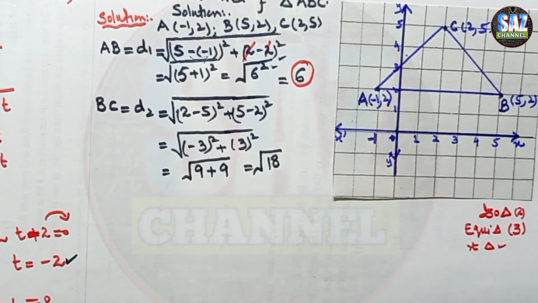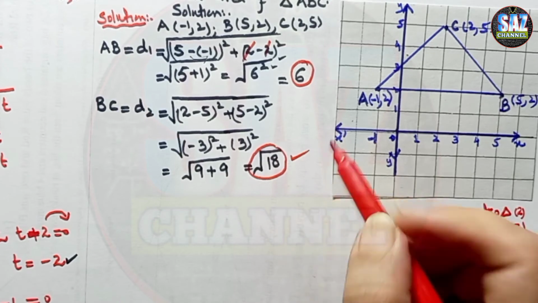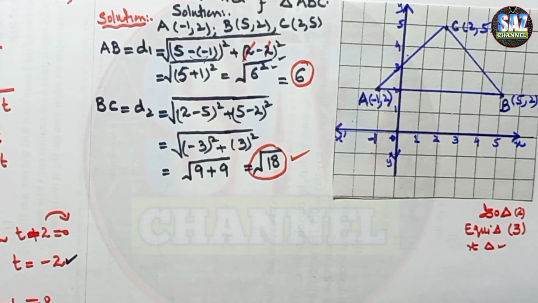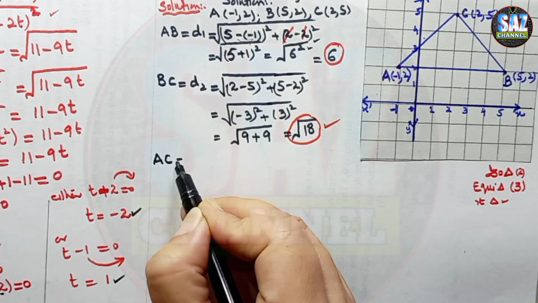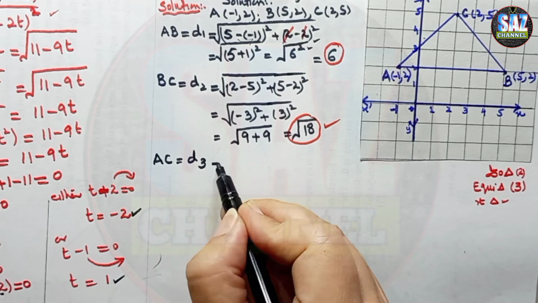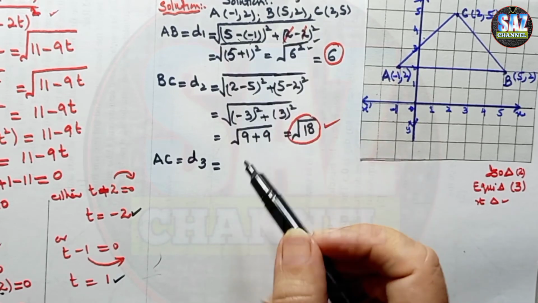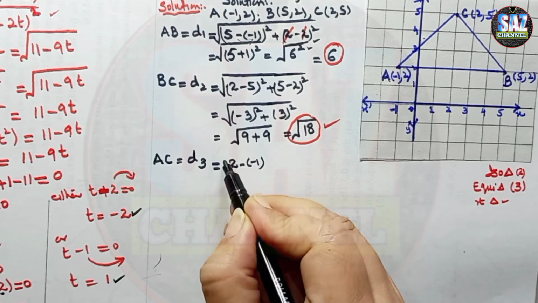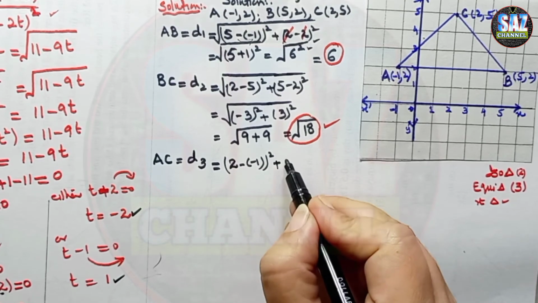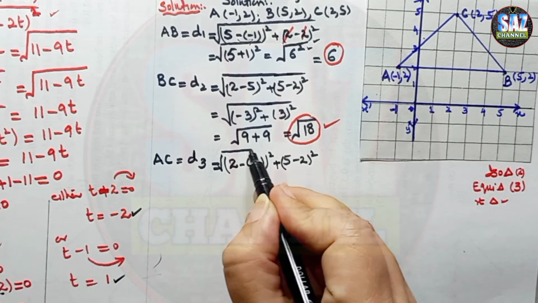This is not a perfect square, so we just have to decide at this stage whether the triangle is an isosceles triangle or not. So let this answer be as it is. Then I have to move to the AC distance. Calculation of AC distance, that will be equal to D3. Now for A and C, x2 minus x1 whole square, that will give me 2 minus minus 1 whole square, plus 5 minus 2 whole square, and then I put the square root symbol.